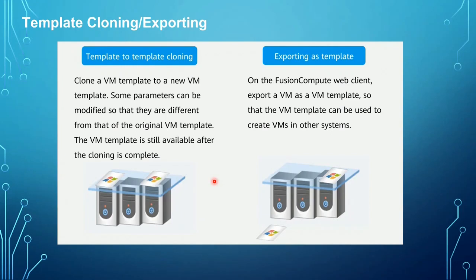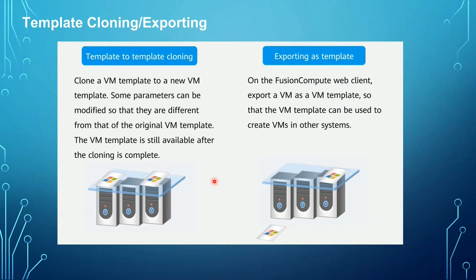So it is possible. You can do it, and you can also modify the CPU and memory as well. So this is another option to clone your template. And if you want to export as a template, you can export your VM as a template. For example, if you want to use this VM in another environment, you want to deploy it somewhere else, you can export it, and then you can directly import it to your environment.